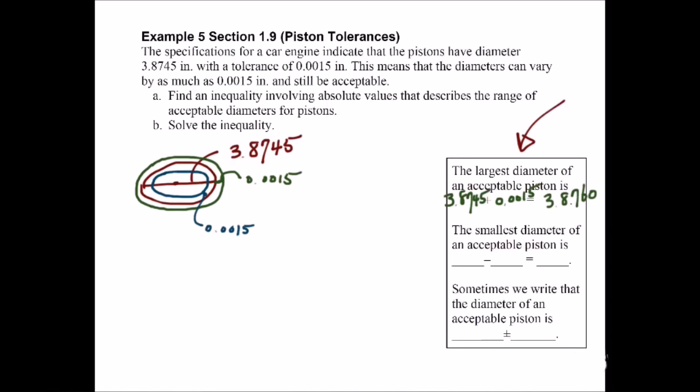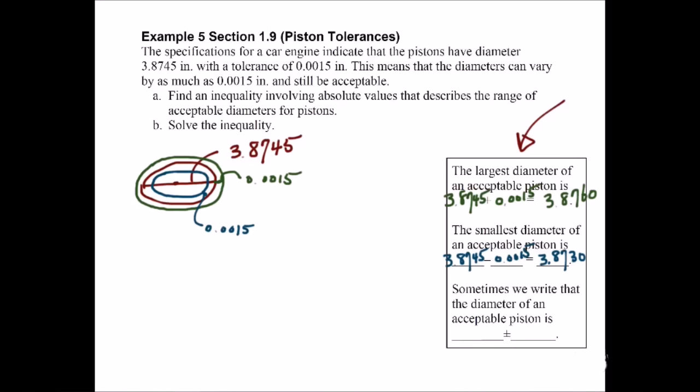If you go the other way, then that's the smallest diameter of an acceptable piston, which would be 3.8745 minus the 0.0015, which then you would get 3.8730. So the acceptable range would be basically everything in between, from the smallest to the largest.